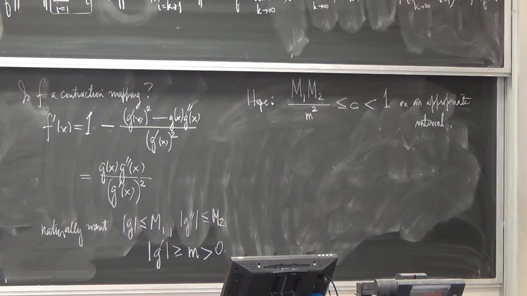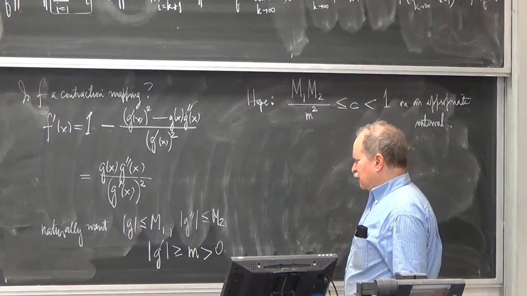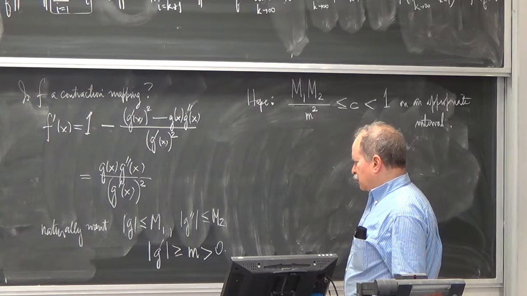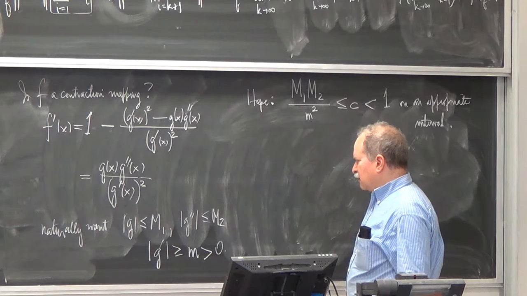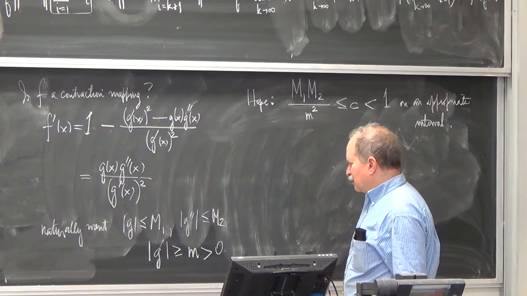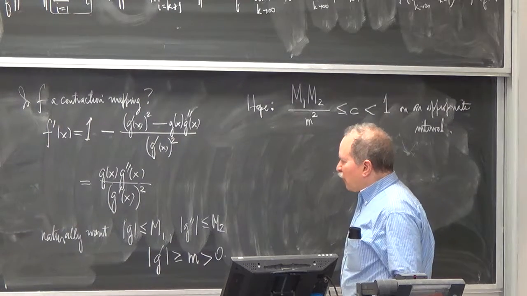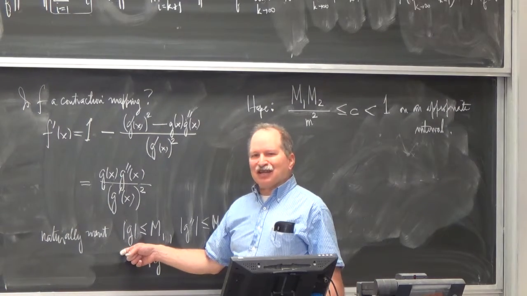Could they not be bounded and, like, cancel each other out? Huh? You say, what if g of x got really big, but g prime of x also got really big, and they sort of nulled each other? Remember, you're trying to find a root of G, so you're trying to stay near where G is 0.